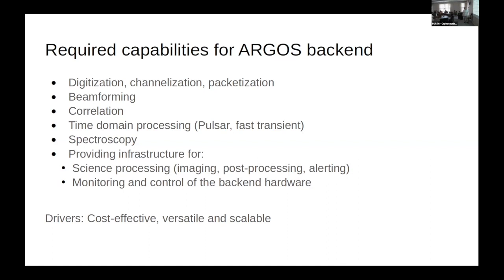It needs to be cost effective, because for the pathfinder we have a limited budget, versatile, to support all kinds of science, and crucially scalable, because eventually we would like to use a similar design for the full Argos array.